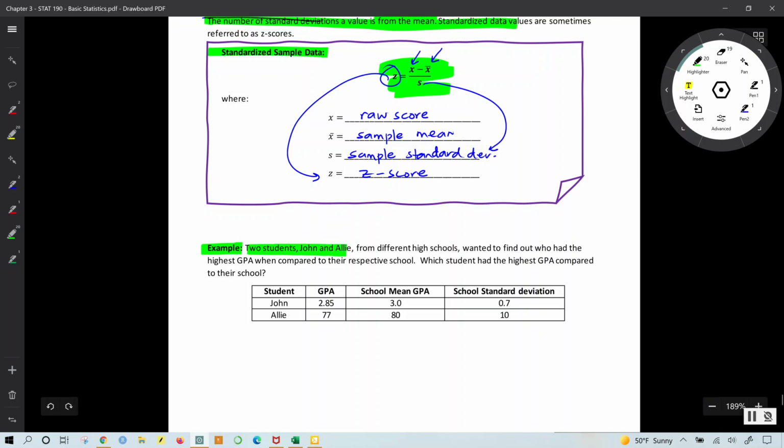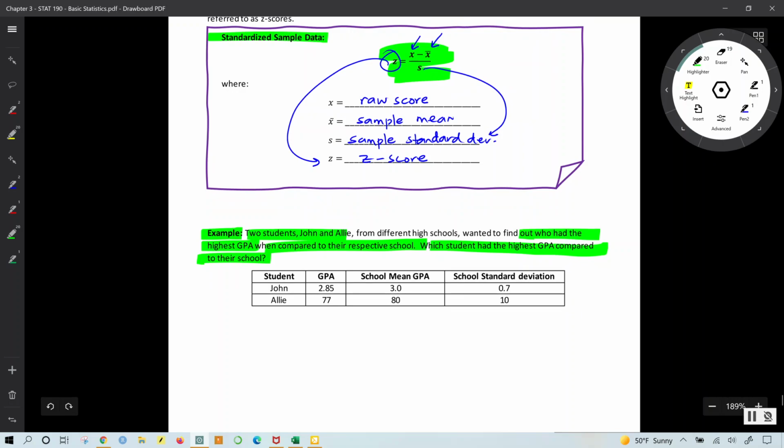Two students, John and Ali, from different high schools wanted to find out who had the highest GPA when compared to their respective school. Which student had the highest GPA compared to their respective school?